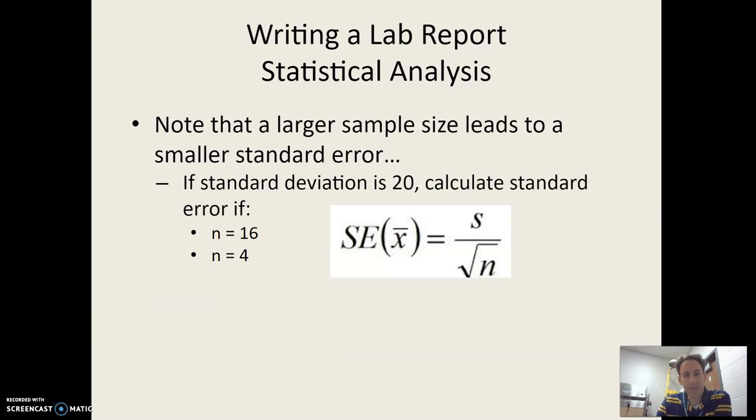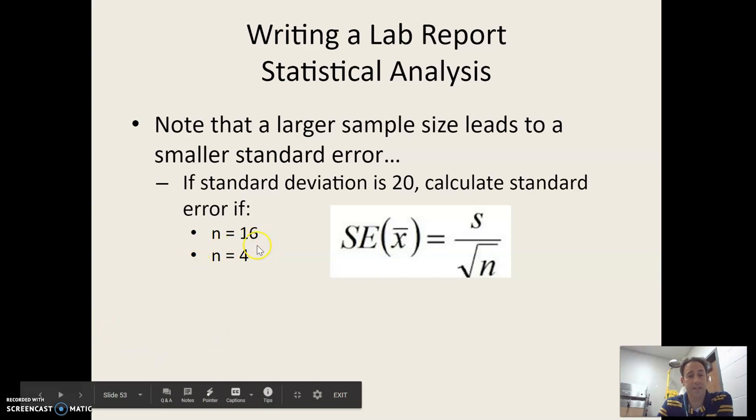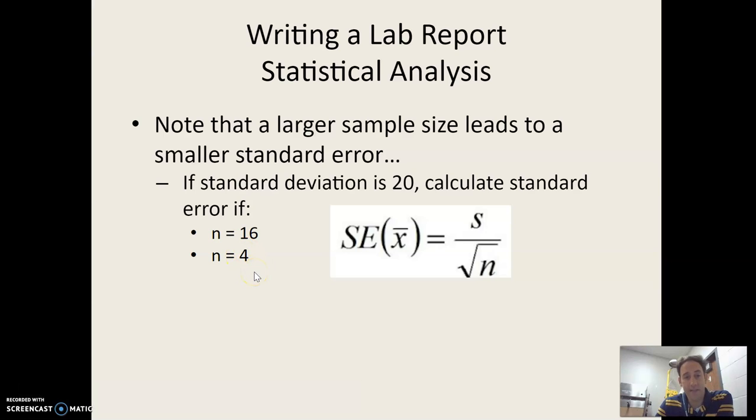Note that a larger sample size actually leads to a smaller standard error. So suppose you had a standard deviation of 20. Calculate the standard error if n is 16, meaning you took 16 trials, versus if n is 4. If you do that math, hopefully you'll see that these are actually different. The reason why is if you have a larger sample size, then we're more confident in the data.